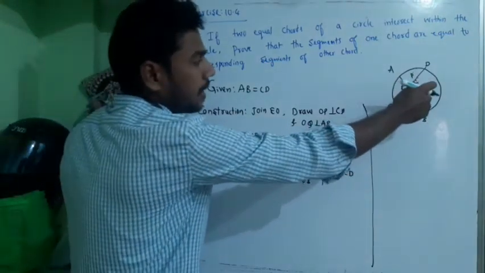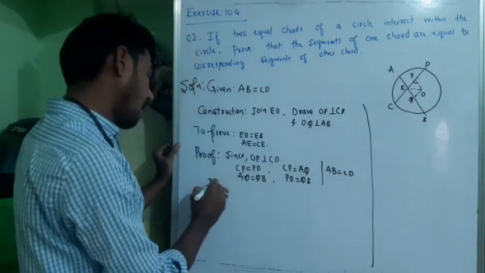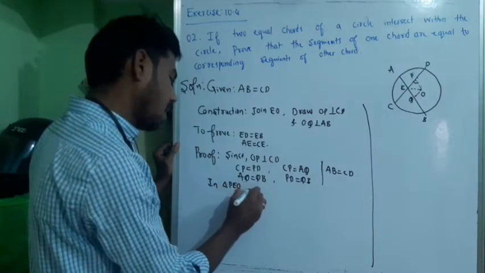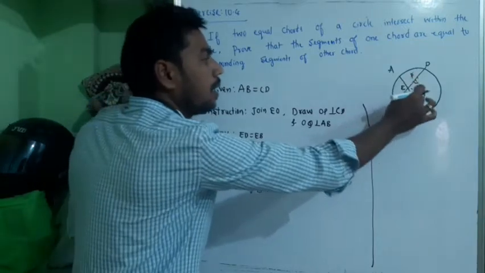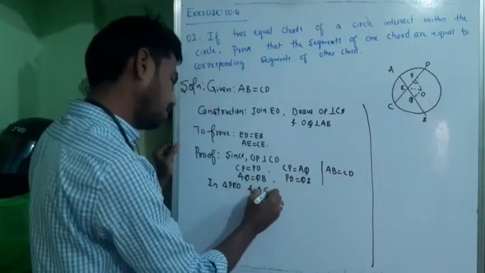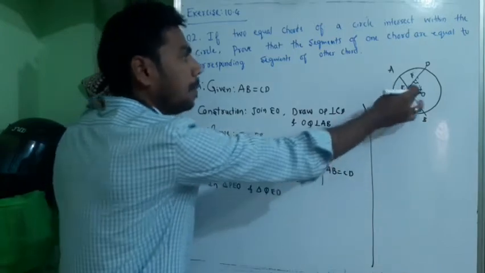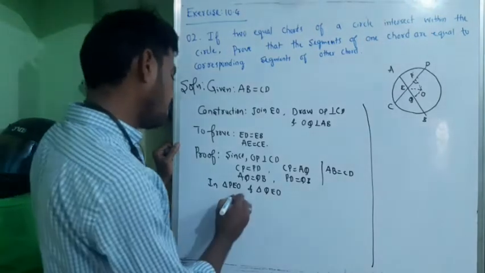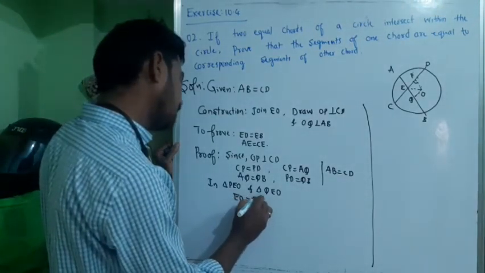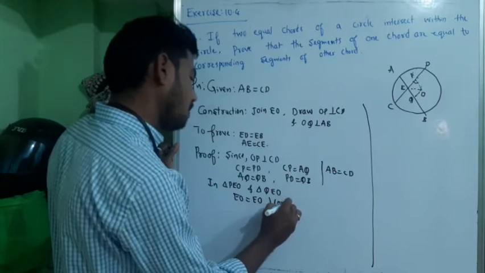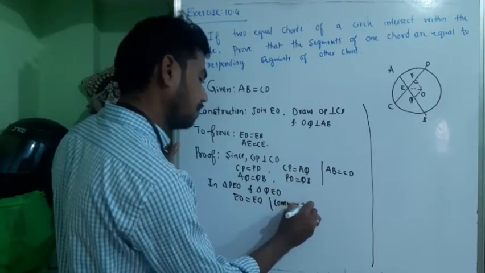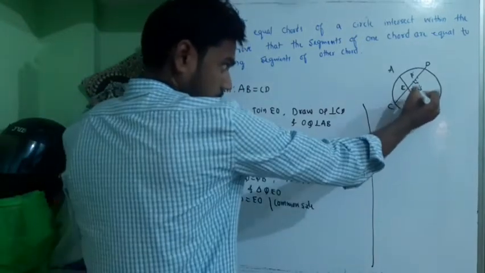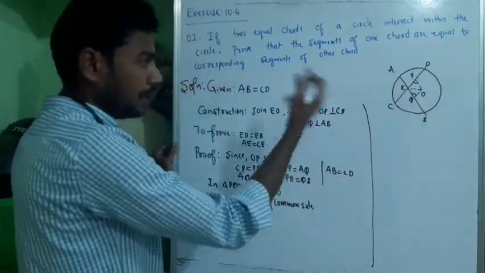Now, consider triangle PEO and triangle QEO. What can we write? EO is equal to EO, common side. Then after that we can write OP is equal to OQ.